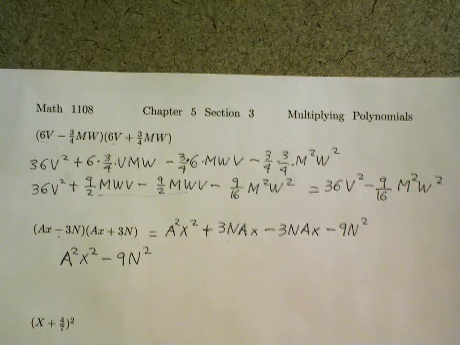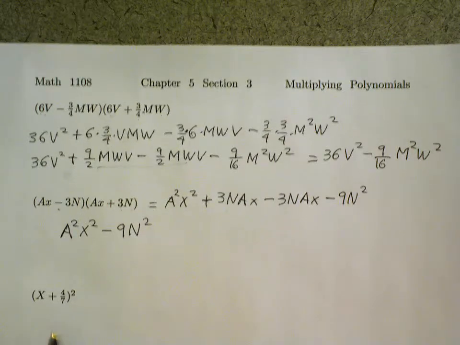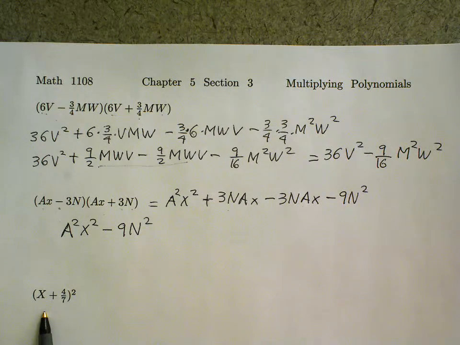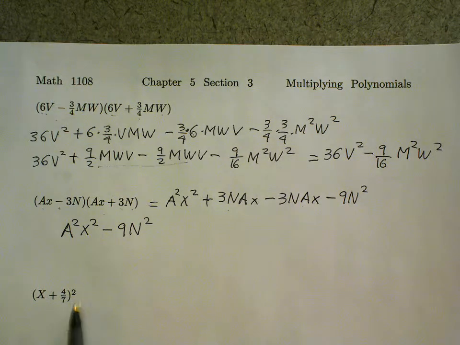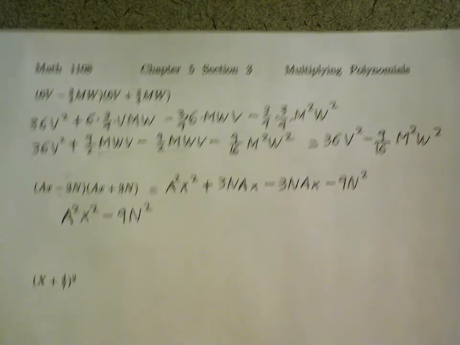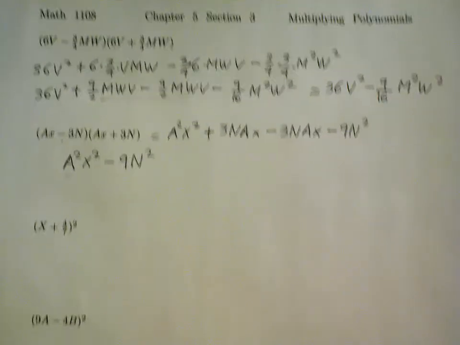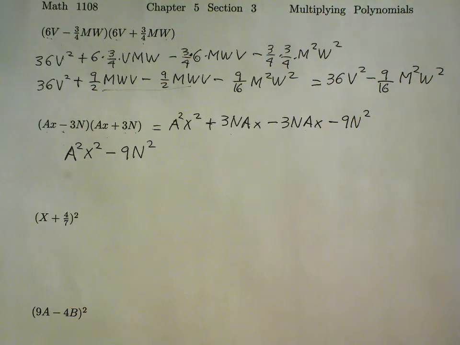Okay, the next example, what does this mean? The binomial x plus 4/7 to the second power. So what do we do on this one?